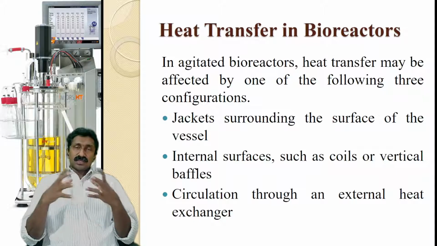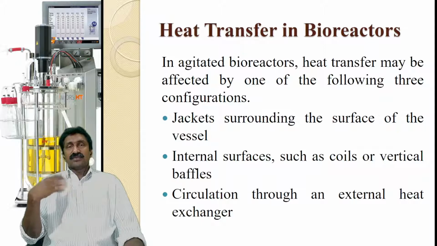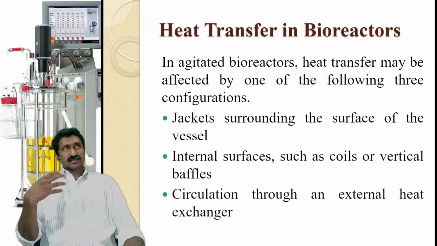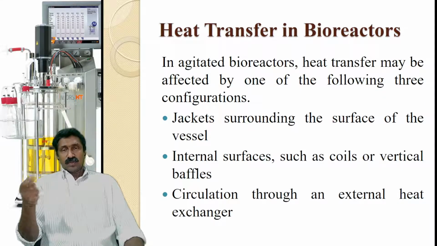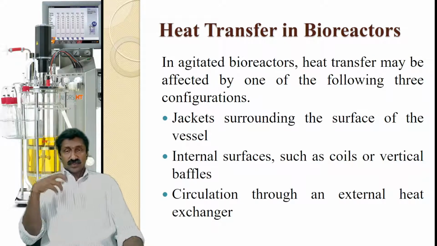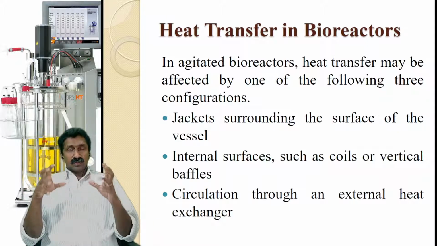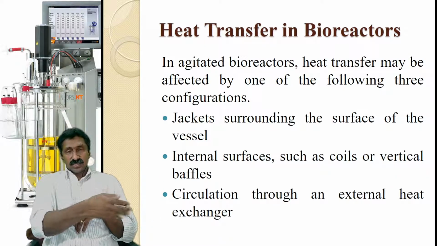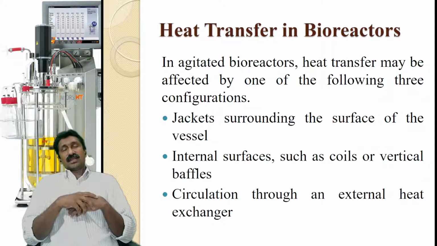In some other cases, where a significant heat reduction is required, such as in SCP production, where a large amount of heat is generated that cannot be normally controlled by such internal surfaces or cooling coils, you need to use an external heat exchanger. The hot medium is transferred to an external heat exchanger, and after bringing down the temperature, it is recirculated back into the bioreactor.